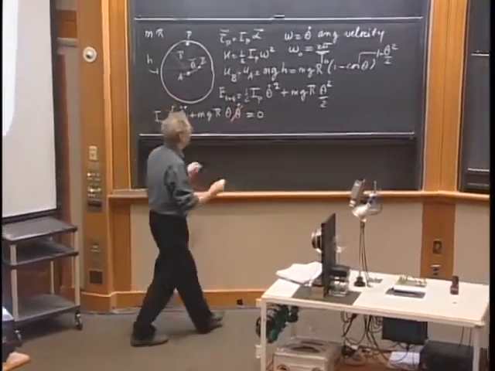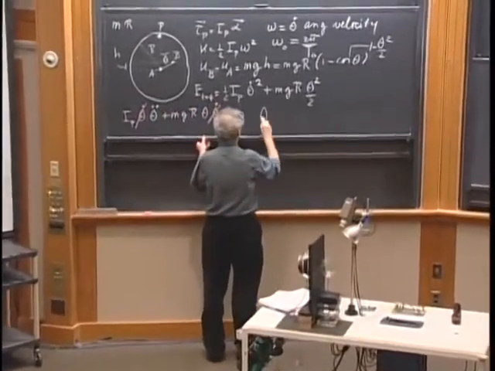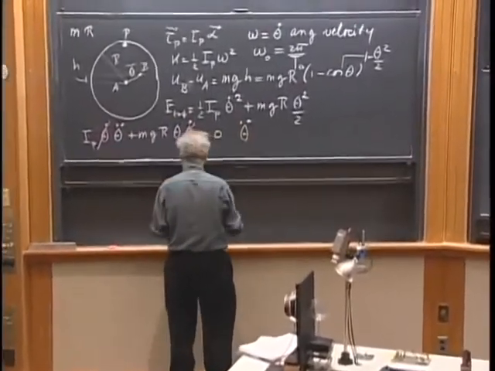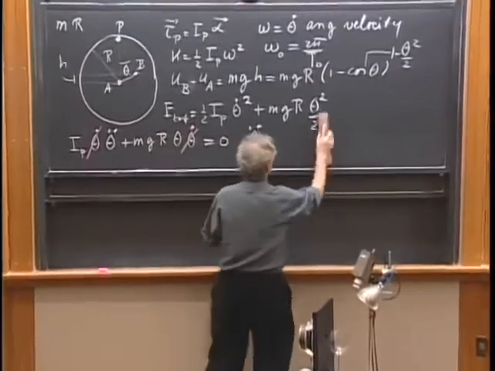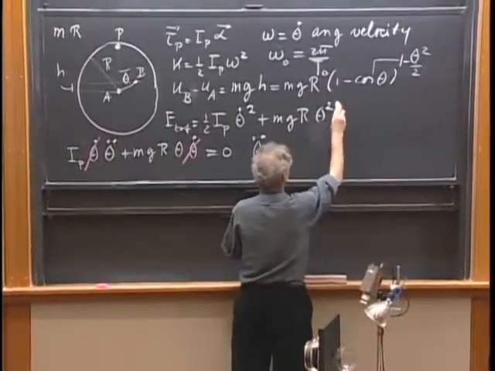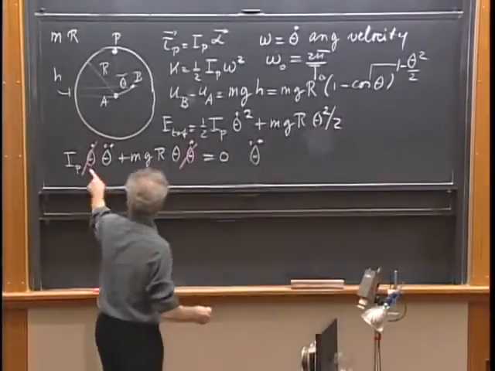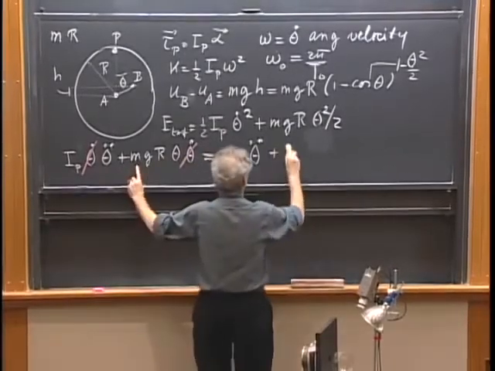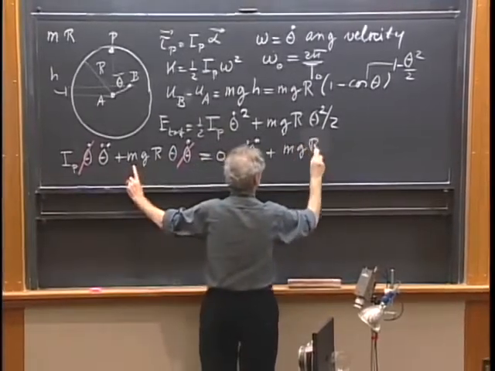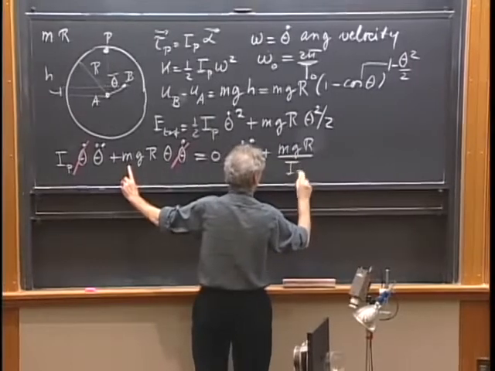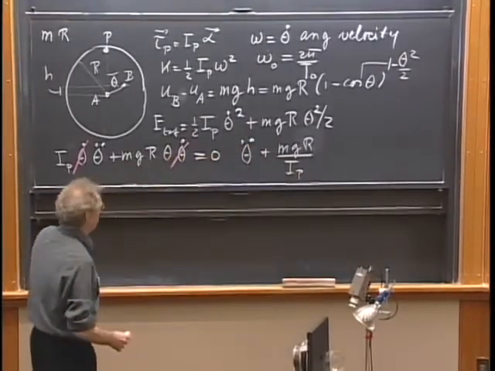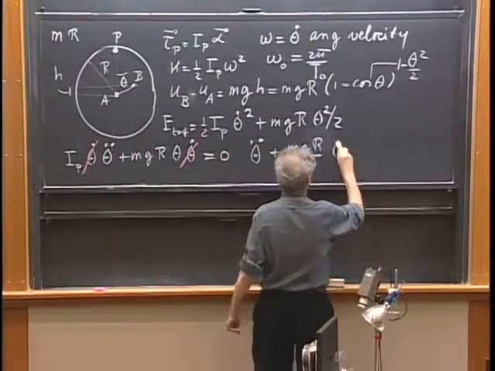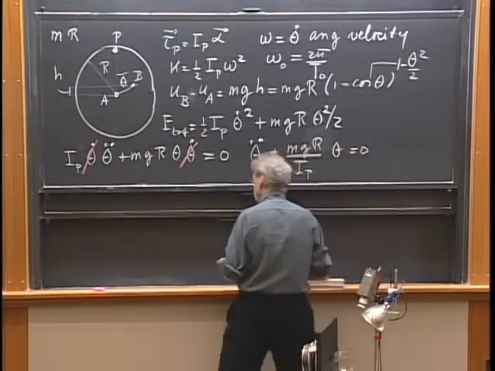And so your differential equation takes on now a very familiar form. So I get theta double dot plus mgr divided by I_P times theta equals 0.